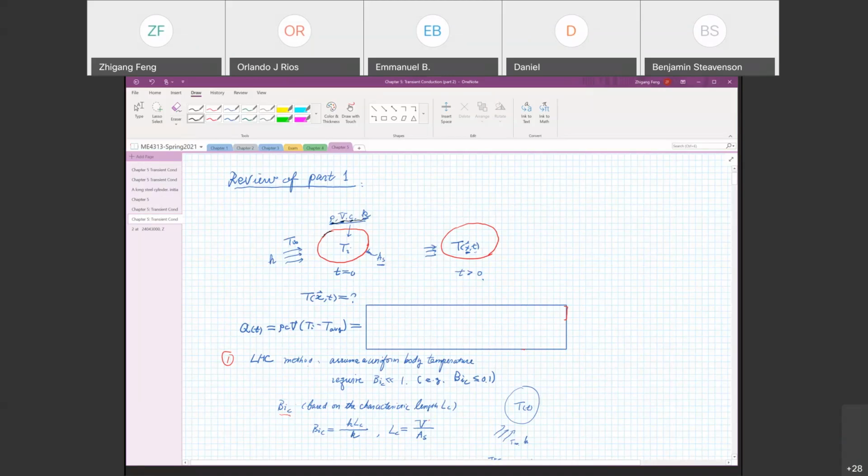Okay, so these have nothing to do with the fluid. For the fluid, we need to know the convection coefficient h, and the ambient fluid temperature T sub infinity. At t equal to 0, that's the initial condition. And at t greater than 0, we would like to know what the temperature is at the location x, and also what is the amount of heat being transferred out, so Q(t). So those are the two questions that we're interested in.